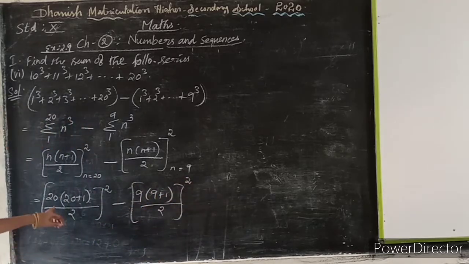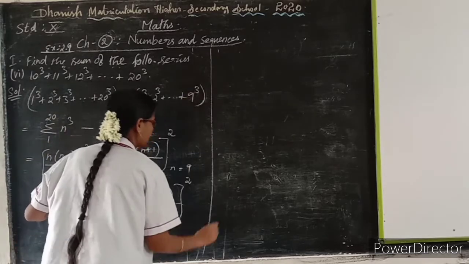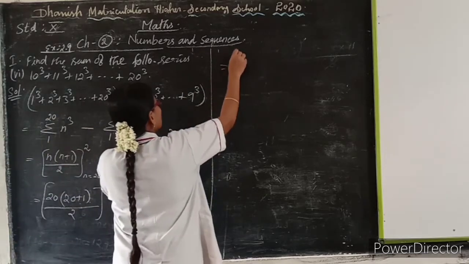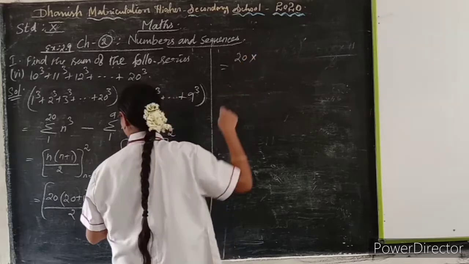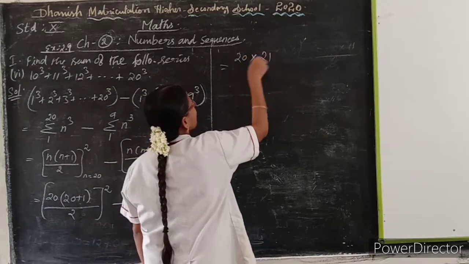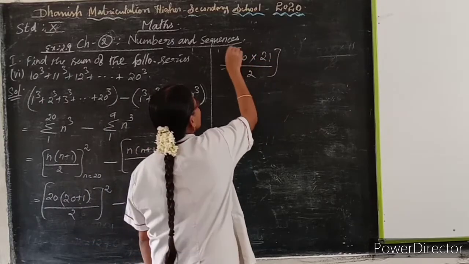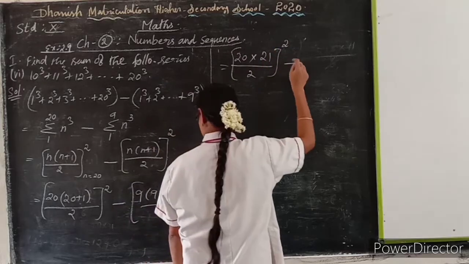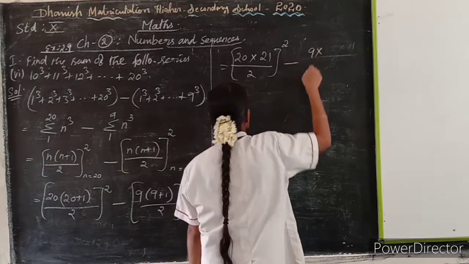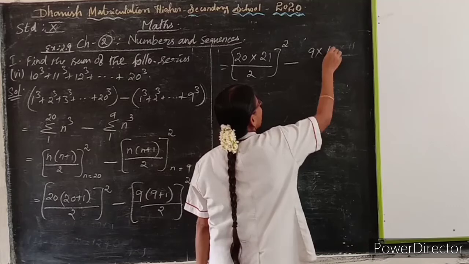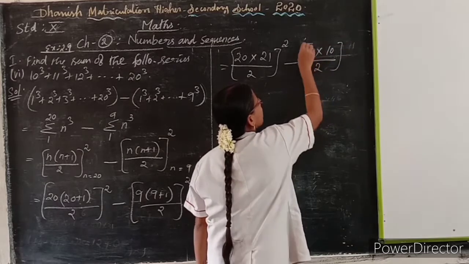Now simplify. 20 into 20 plus 1 is 21, by 2, the whole square, minus 9 into 9 plus 1 is 10, by 2, the whole square.